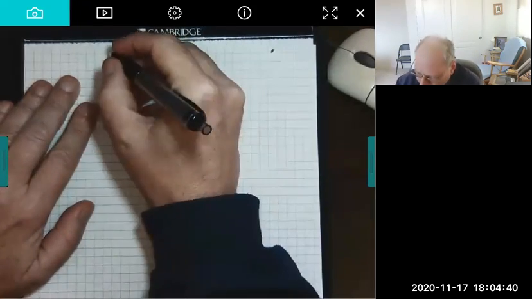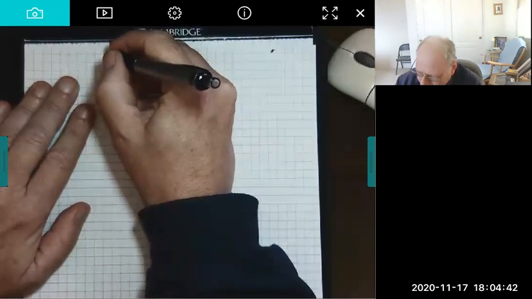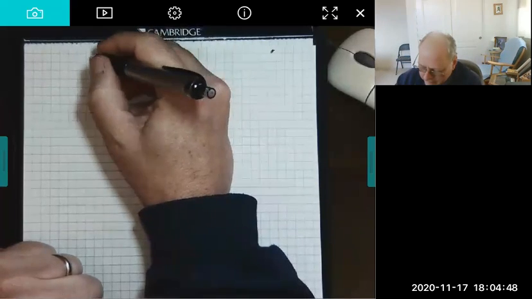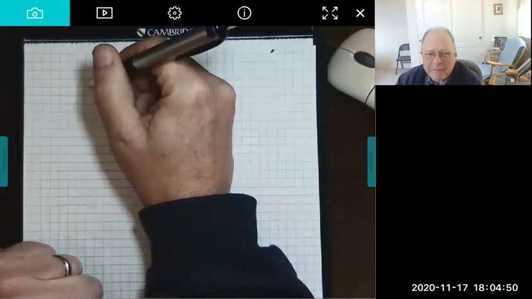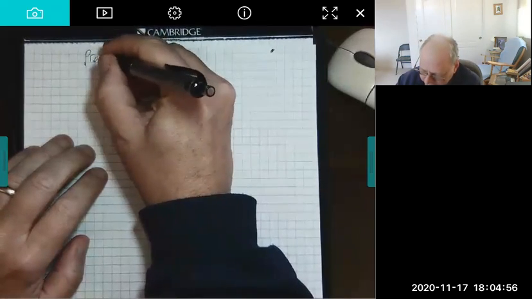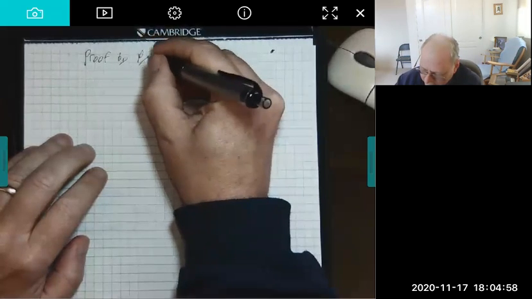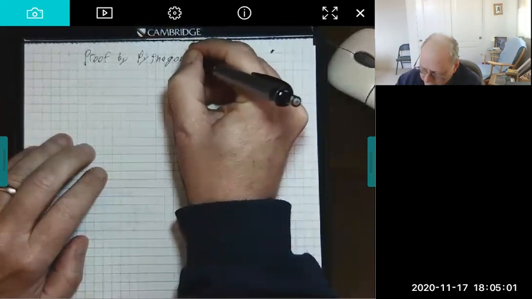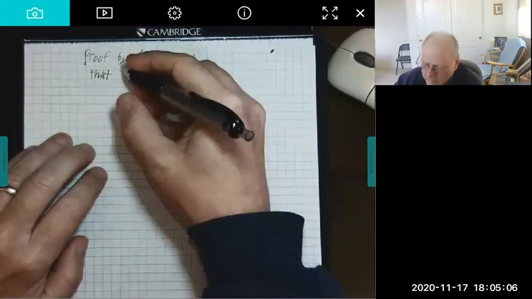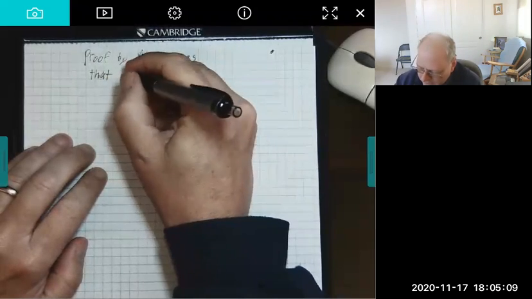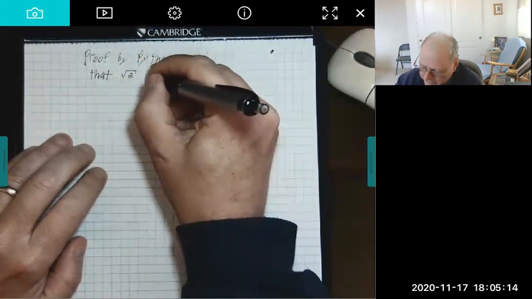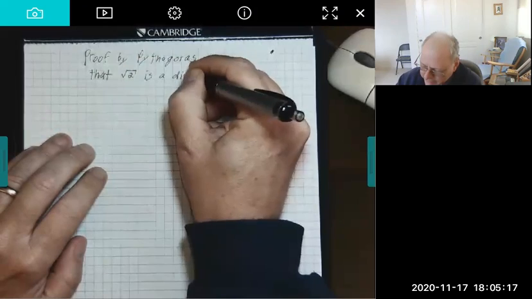So two steps. There's a proof by Pythagoras that the square root of 2 is a distance.